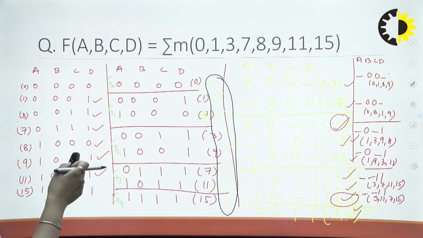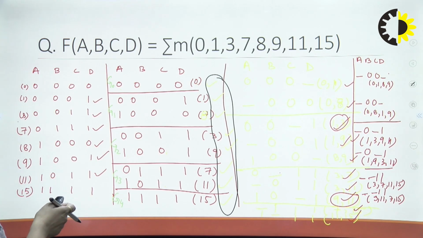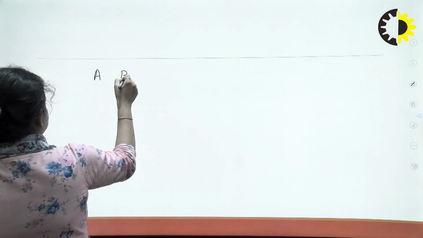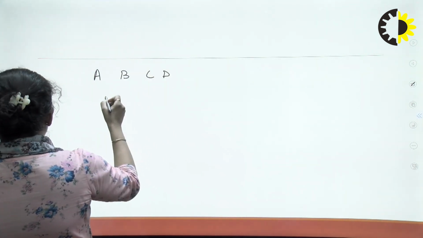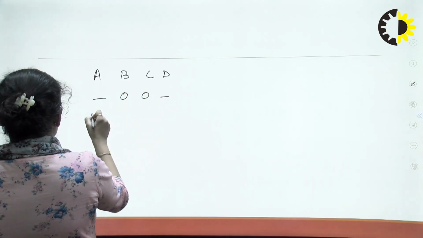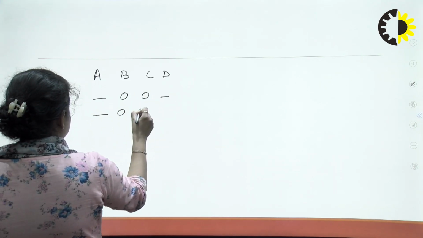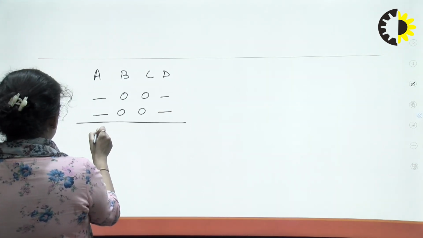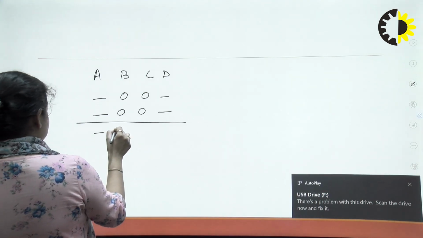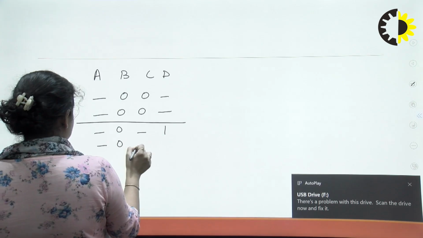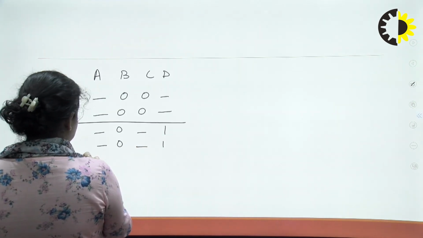So I will be writing that answer again. Here you got A, B, C, D, and you are getting dash 0 0 dash, and next you have got dash 0 dash 1, right?